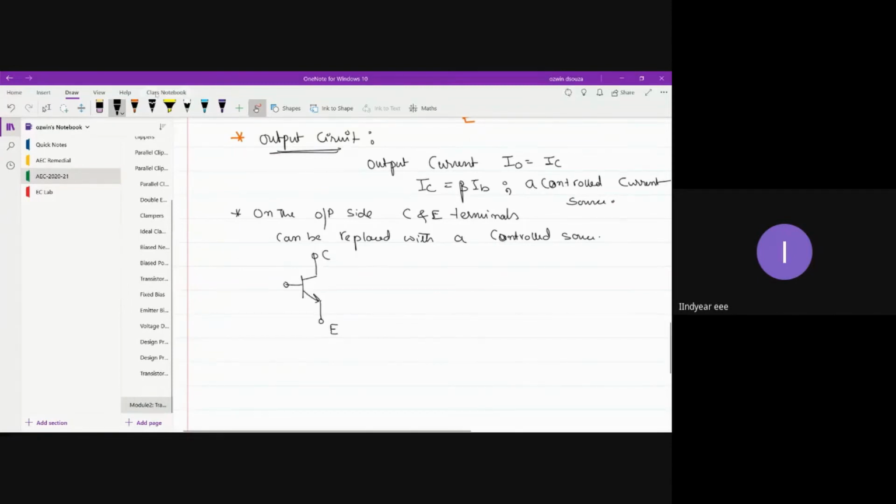Base I'm not going to show here. So this is your collector and this is your emitter. The collector and emitter terminals can now be represented with something like a controlled source. So this is IC, which is beta times IB, with this being your collector terminal and this being your emitter terminal.